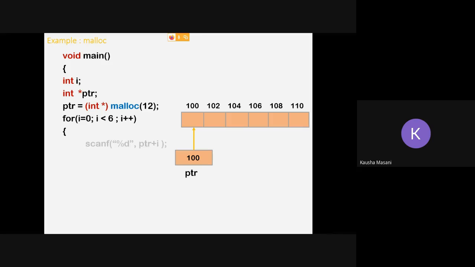Now I'm using a loop to store the values inside my memory block. So for i equal to 0, i less than 6, i plus plus. I'm scanning each of the values for each of my memory addresses, so 100, 102, 104. So ptr plus i.